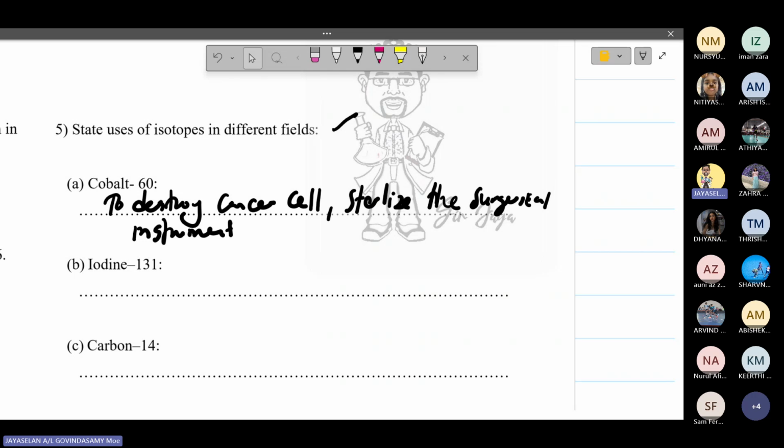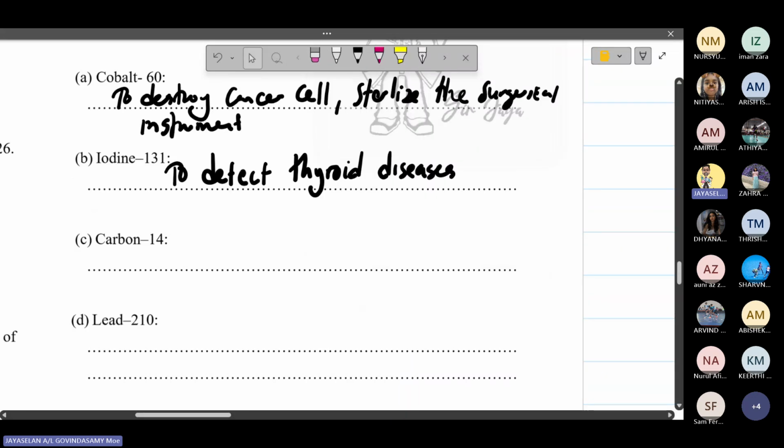Okay, so iodine 131 is injected in the thyroid gland to detect thyroid diseases like goiter, or the formation of hyperactive cells in the thyroid gland. So it is injected to detect thyroid diseases. What are the thyroid diseases? Goiter, formation of cancer cell in the thyroid gland.